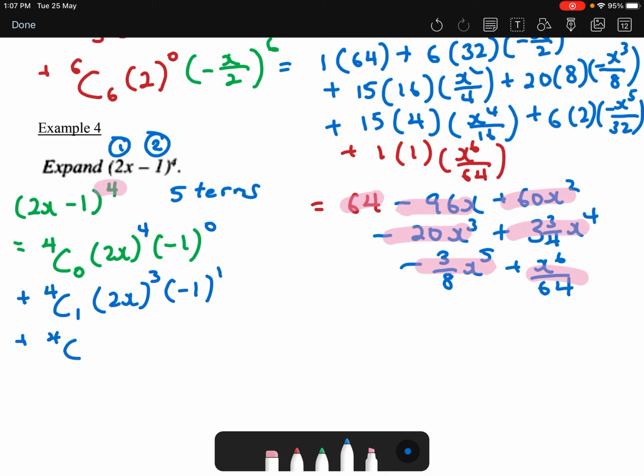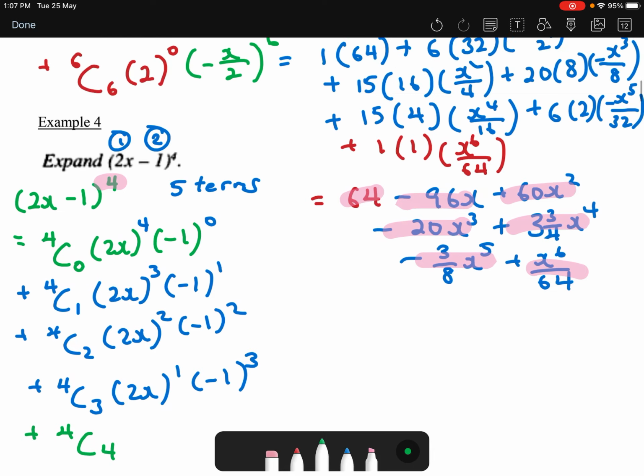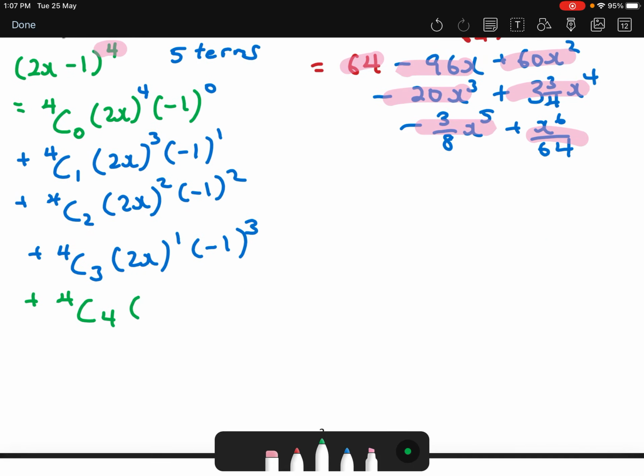Plus 4 choose 2, 2x to the power of 2, minus 1 to the power of 2. Then 4 choose 3, 2x to the power of 1, minus 1 to the power of 3. Last term, 4 choose 4, 2x to the power of 0, and minus 1 to the power of 4.